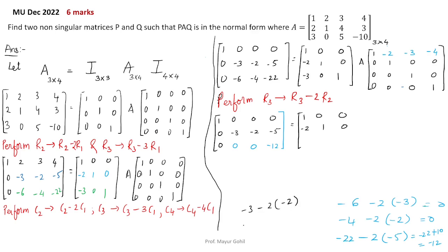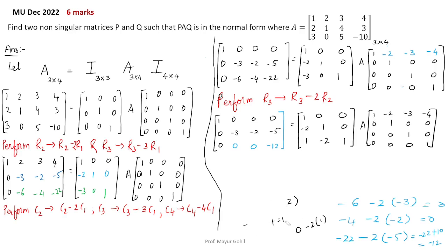So that is minus 3 plus 4, that is 1. Okay, 0 minus 2 times 1 is minus 2. Here it is 1. So this is the matrix that gets generated, and the column matrix on which all the column operations are happening will remain unchanged.